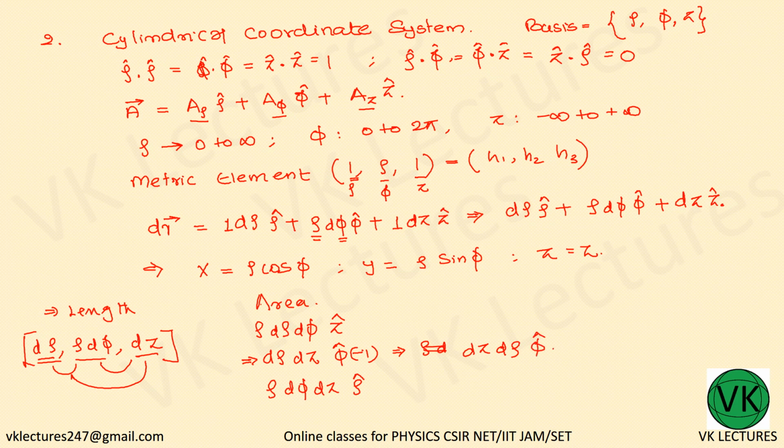Now the volume element dv is just the product of all the length elements, that is rho d rho d phi dz, or you can also write it as d tau. So this is about the cylindrical coordinate system.